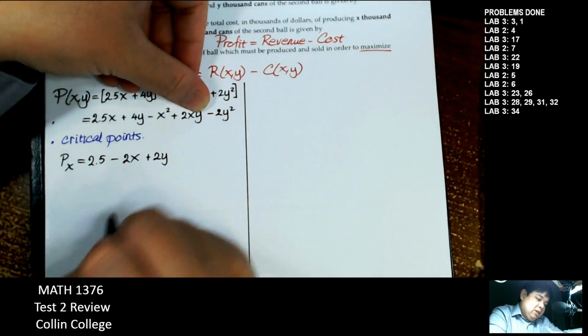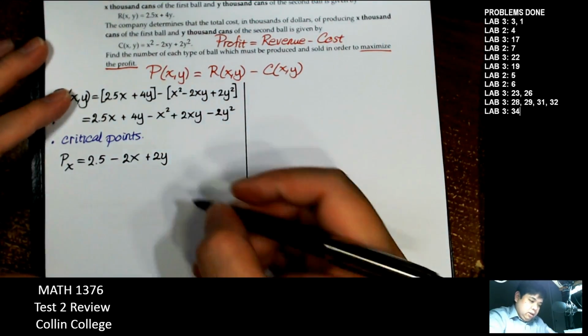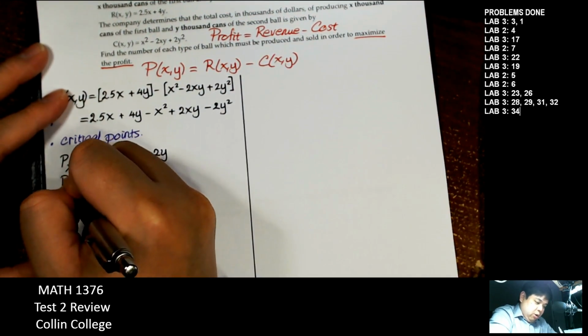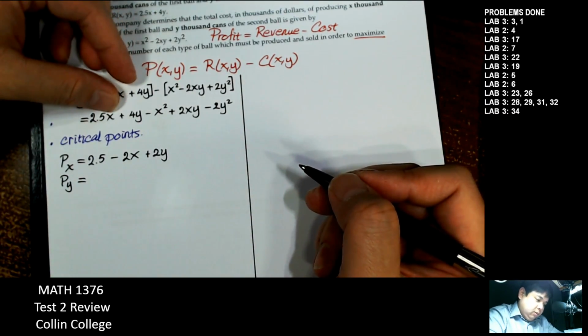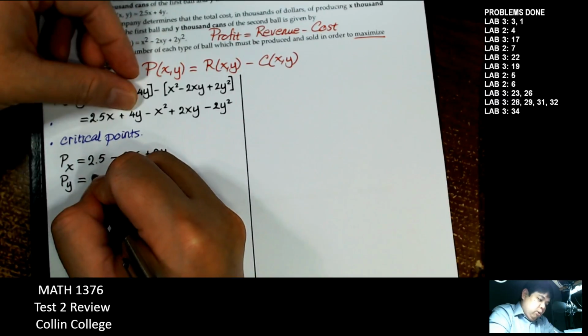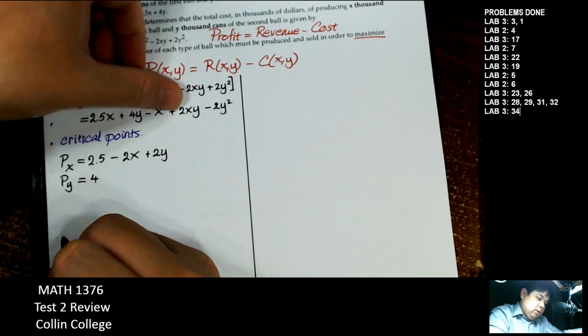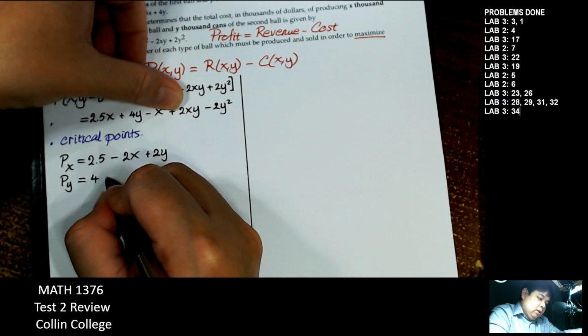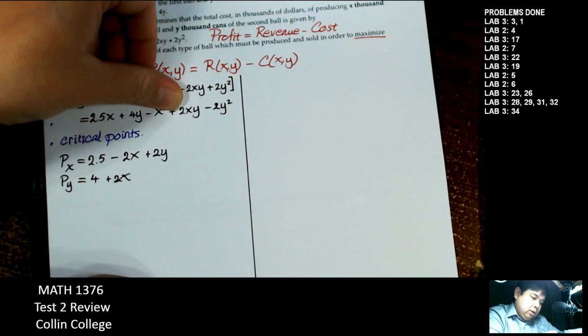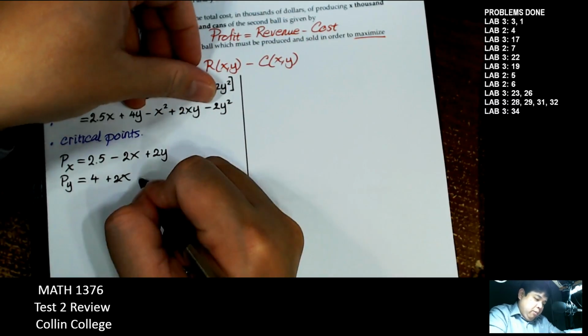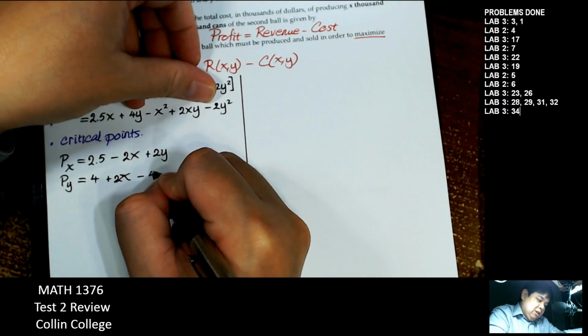And then the derivative with respect to y: 4 plus 2x minus 4y.